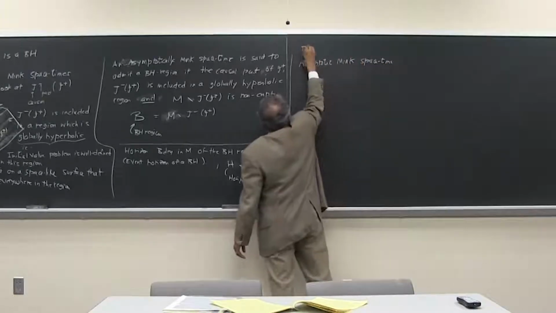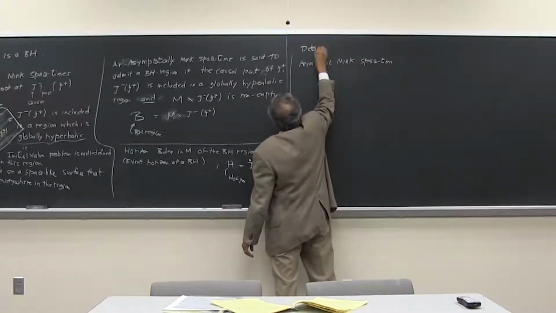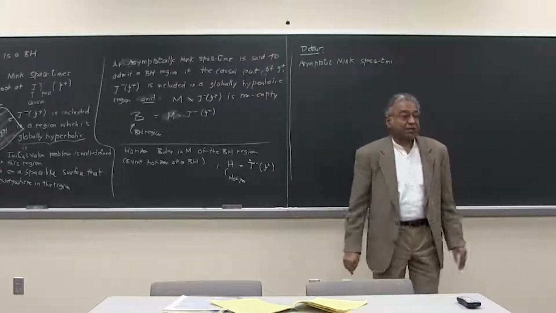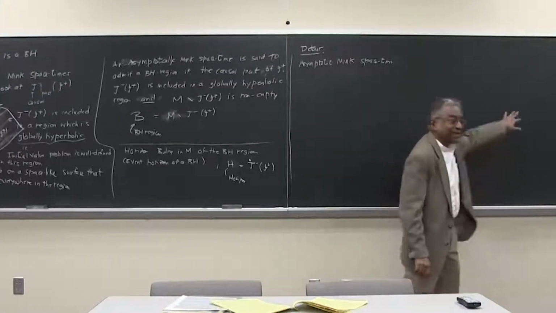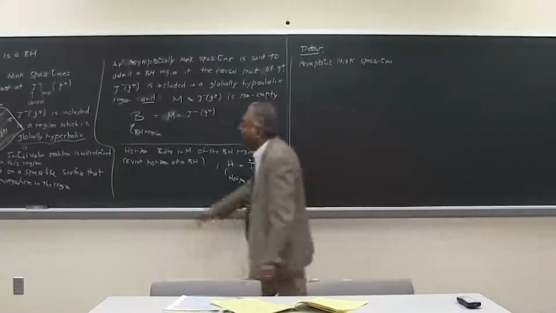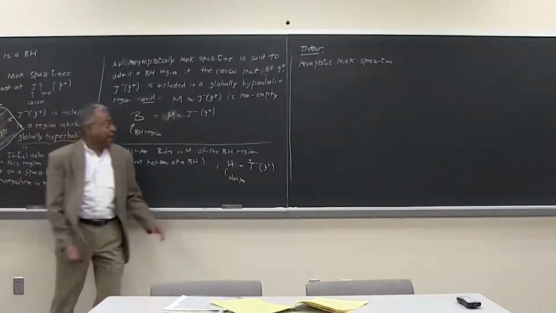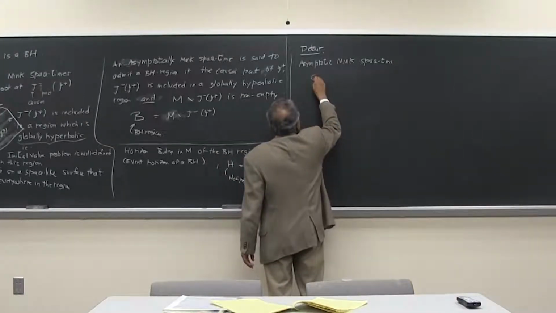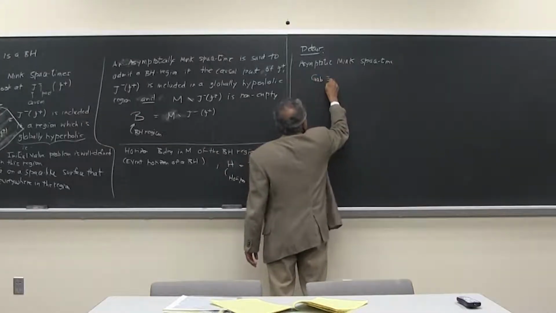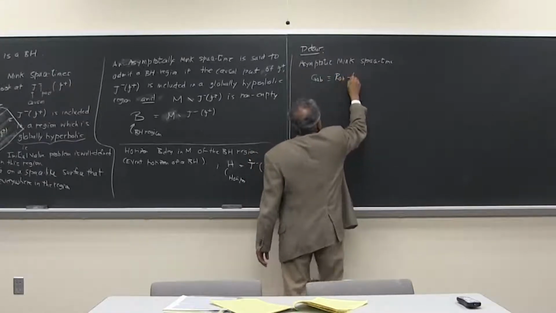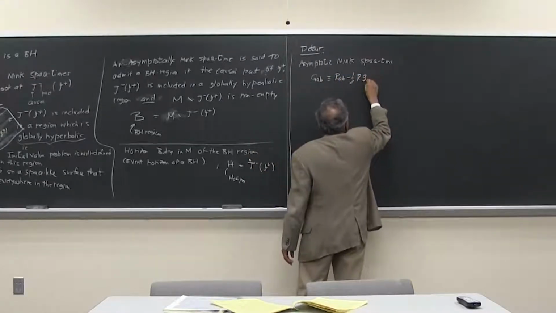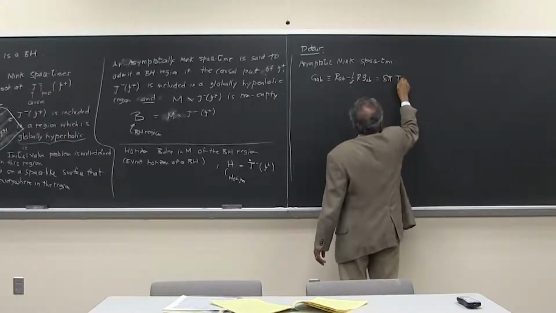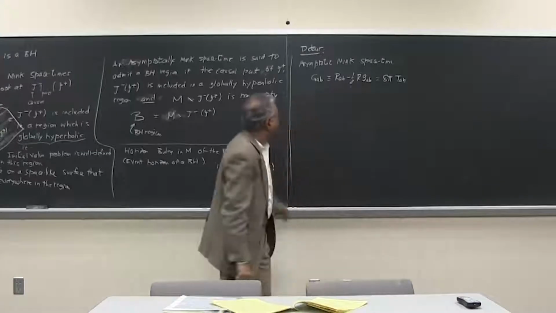So this is a detour to answer the question that was just asked. We're talking about asymptotically Minkowski spacetime, and I wrote down the definitions. I started on this board, if you may recall, and I put a condition right here on the top. That condition was that if I look at G_ab, the Einstein tensor, which is R_ab minus 1/2 R g_ab, this is equal to 8 pi times T_ab.